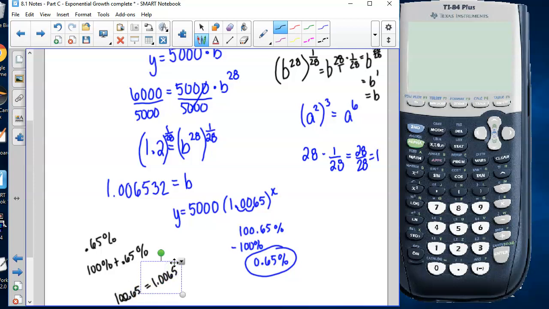That's how we did it on the other problems where we knew the percent. So that has already been done here. We've got to go backwards if we want to answer the question of what the rate was. So we move that decimal to change it back to a percent, and then we subtract the 100, and that leaves us with the rate that we would have there.